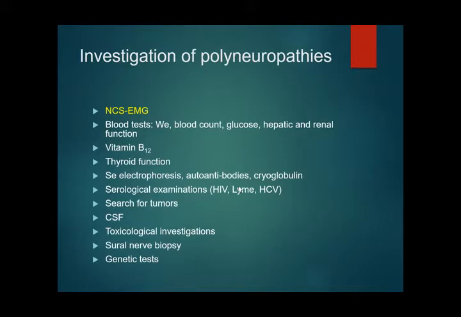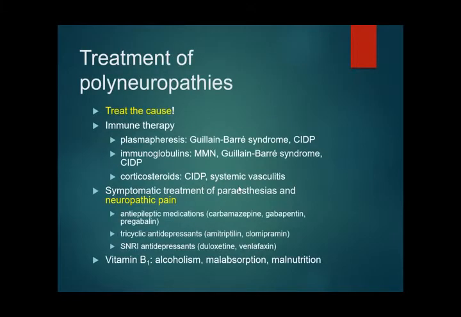So the treatment of polyneuropathies, the tagline is treat the cause. Treatment of polyneuropathies is always treat the cause. Symptomatic treatment is there, like for paresthesia and neuropathic pain, we can use different drugs, but the treatment is always of the underlying cause. Like in immune therapy, we use in GBS and CIDP plasmapheresis and IVIG, and also in GBS, CIDP, and multifocal motor neuropathy, we use IVIG.